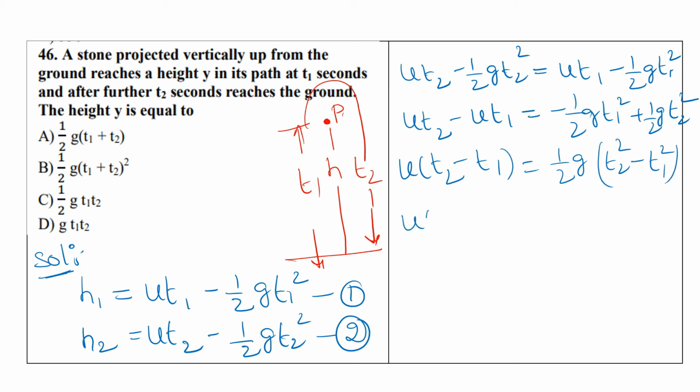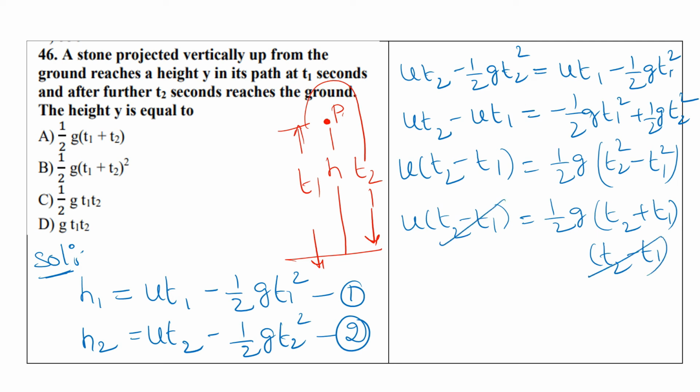So u of t2 minus t1 is equals to, this can be written as a square minus b square, a plus b into a minus b, t2 plus t1 into t2 minus t1. This t2 minus t1 cancels. So we are getting u is equals to half g into t1 plus t2, or t2 plus t1.